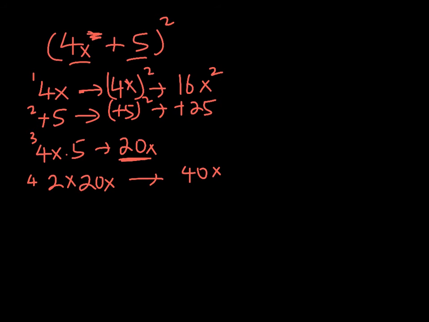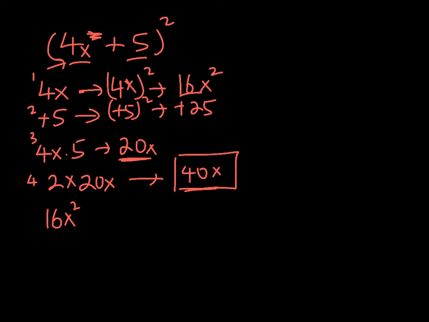So the last stage is to construct the expanded form. To construct it, we start with the x squared. Remember the sign, 16x squared. Then you go on to the middle term. The middle term will be the product of the two terms within the bracket, multiplied by 2.